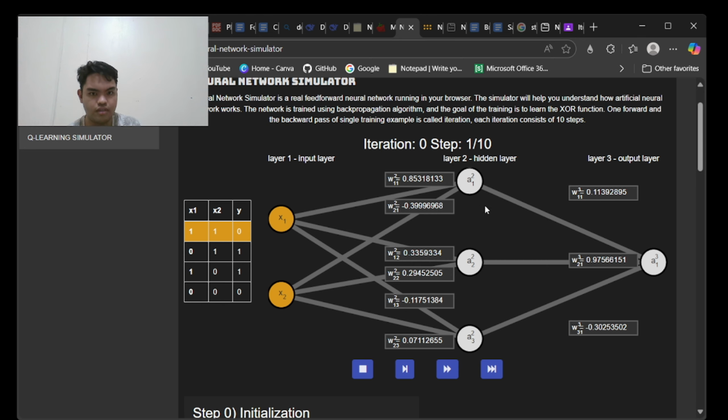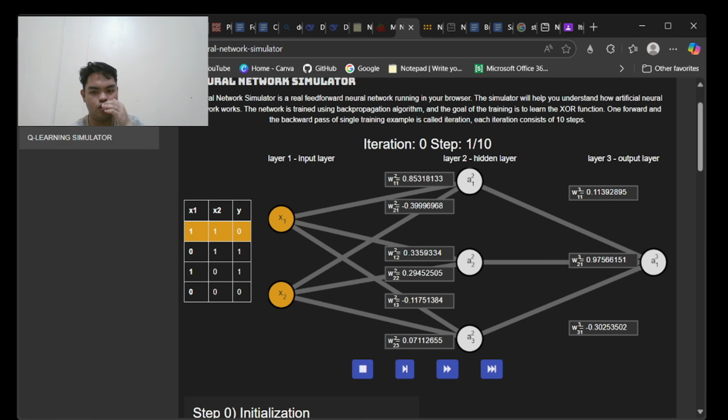For step 3, the output layer, the final neuron is a combination of the three hidden neuron outputs. This is like a voting system. Each of the three hidden neurons votes with its active value.